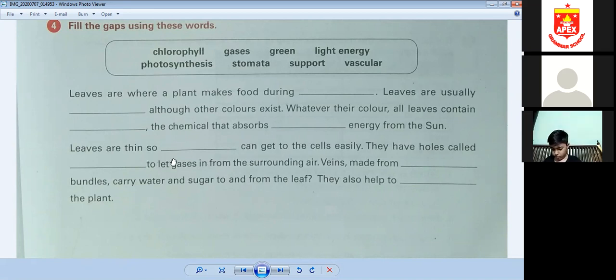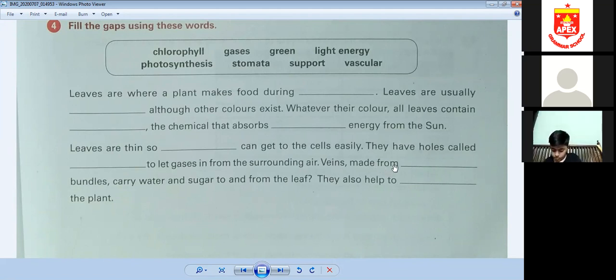Leaves are thin, so gases can get to the cells easily. They have holes called stomata. We have discussed this in the chapter. They have holes called stomata to let gases in from the surrounding air.